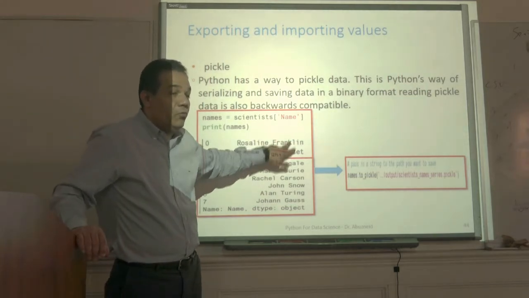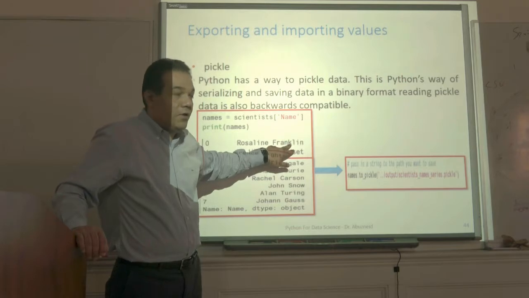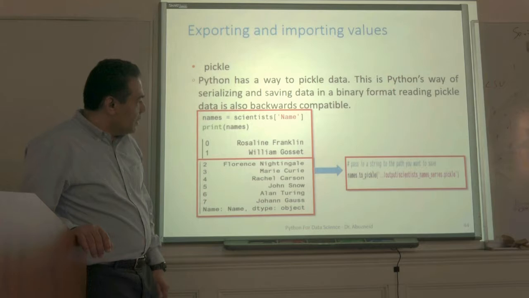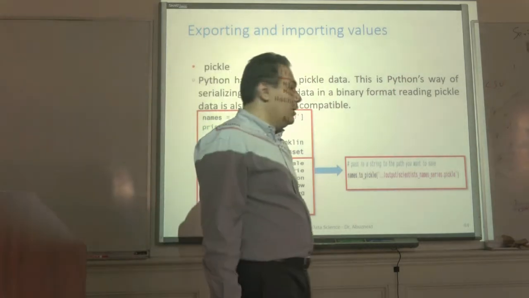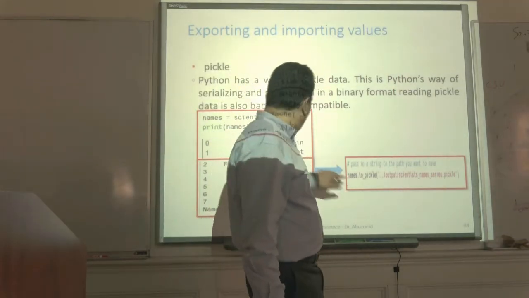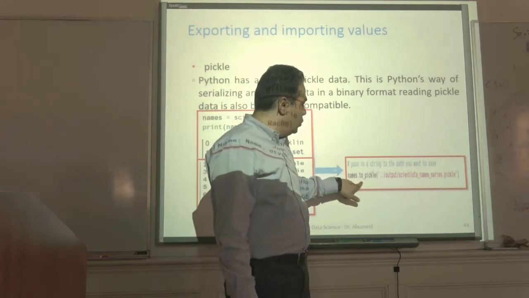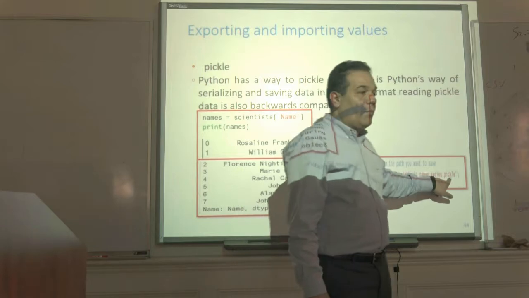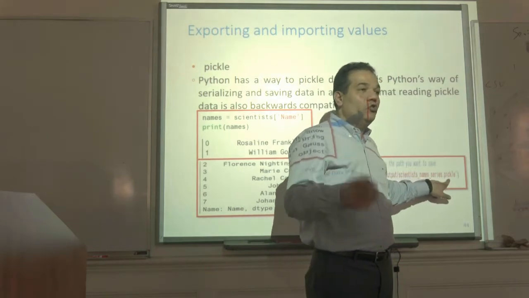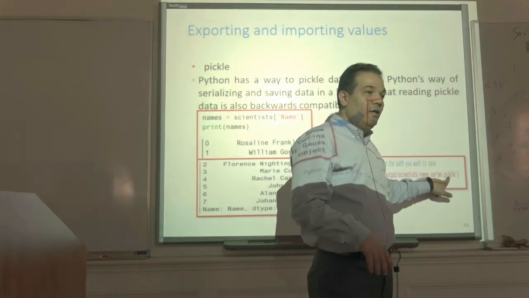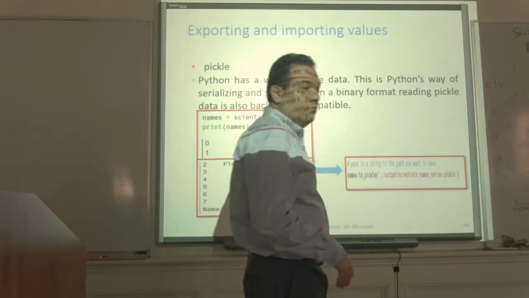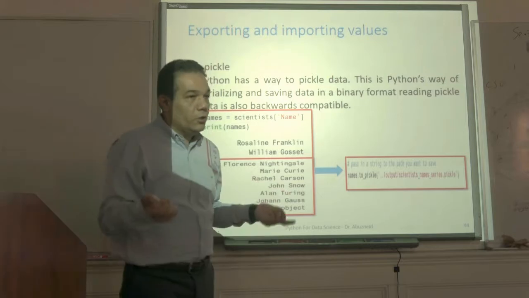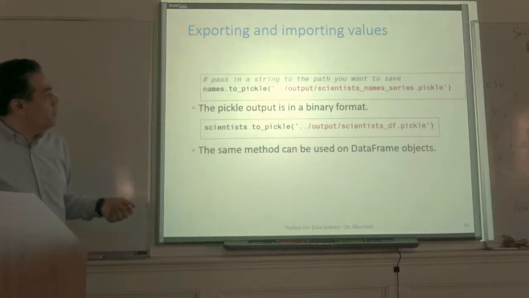A series. What does the series have? The names. If I need to save it to a file, I write names, which is a series, dot to pickle, and give the name of the file. The extension could be pk or pickle. Then if I need to load it later, I can read it from pickle.